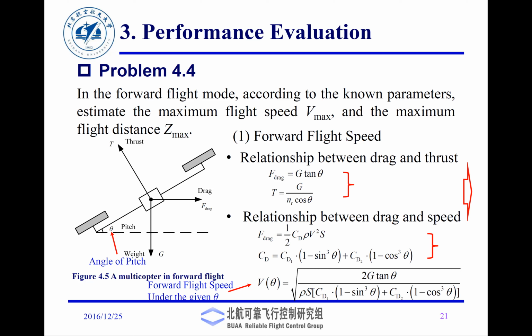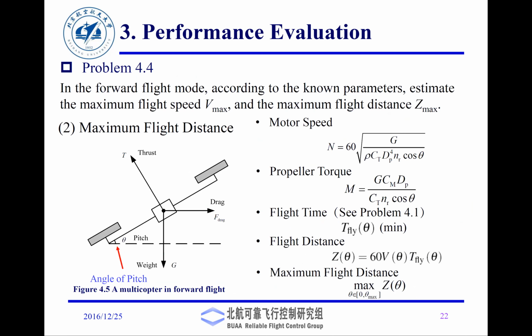They are not inherently stable. So you would have a design pitch angle, and then you will find out in forward flight mode how far it can go, what is going to be the relationship between the thrust and drag, and what would be the realistic forward flight speed that the UAV can achieve.